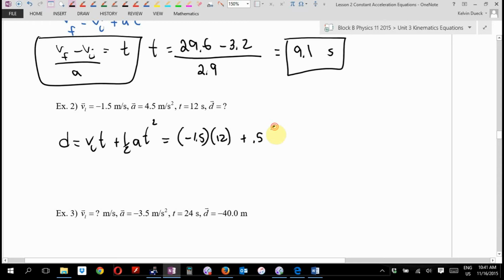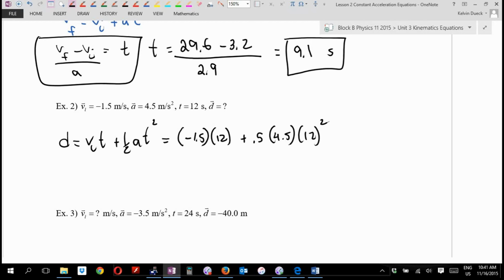What's A? By the way, are we speeding up or slowing down? Well, we started out going backwards. We're accelerating forwards. I guess we're going to slow down for a bit, but I bet you we're actually going to end up, because we're going for 12 whole seconds, I think we're going to end up going in a positive displacement.